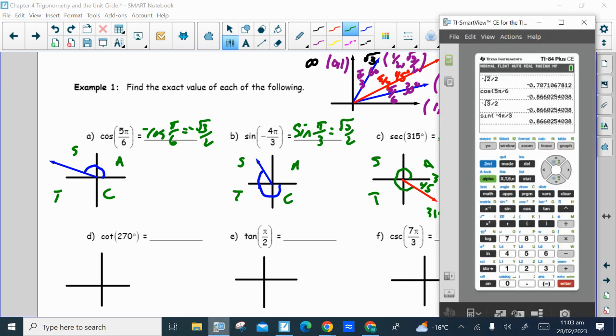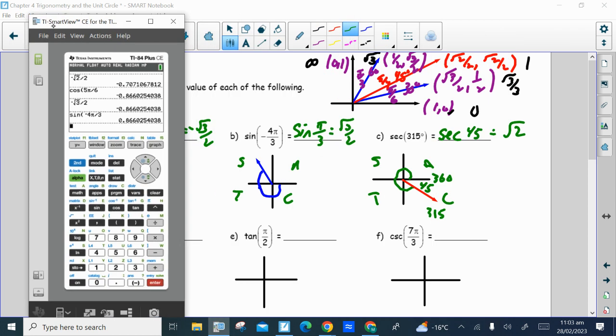So to check this, we again need to change our mode to degrees. And there is no secant button on the calculator, so you must take the cosine, which is the reciprocal of secant, the cosine of 45, and then take the reciprocal, which is the x to the negative 1 button. That's the button to the left of sine.